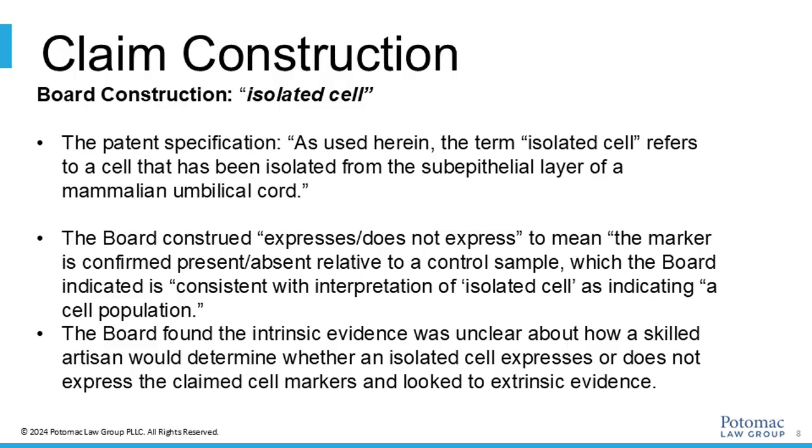And by construing that, it essentially implicitly construed the term isolated cell, because the board indicated that expressing or not expressing a marker means whether the marker is present or absent in the cell. And both the board and CAFC indicated that it is known that in order to determine whether the markers are present or not present, one looks at a population of cells. And so therefore they construed that as a population of cells.